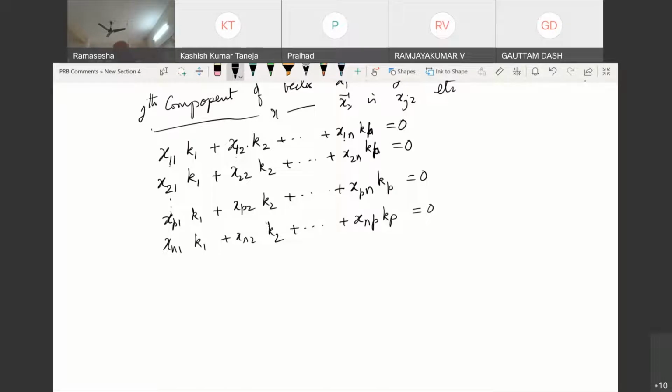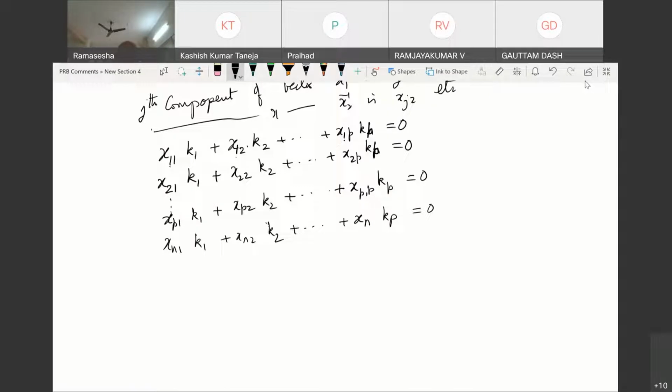Okay, the first vector, and the last vector is always p. Okay, last vector is always p, so that's okay.